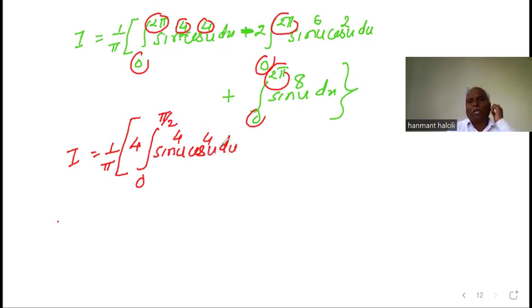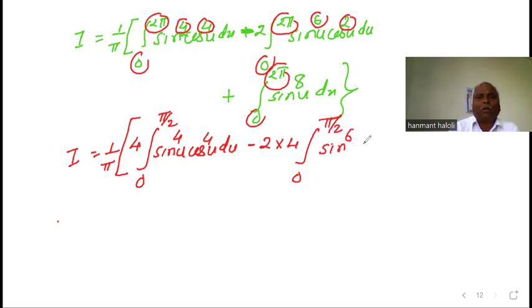Both the indices of sin and cos are even numbers, and we directly write 4 times integral 0 to pi by 2, minus the 2 as it is. Here again both sin and cos powers are even numbers. It becomes 4 times integral 0 to pi by 2 sin raised to 6 cos raised to 2u du.